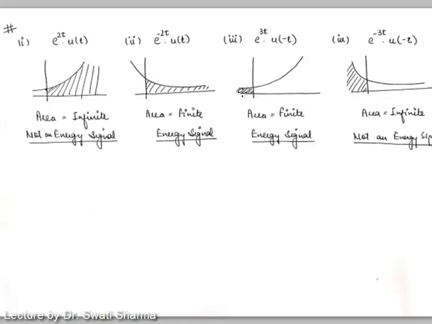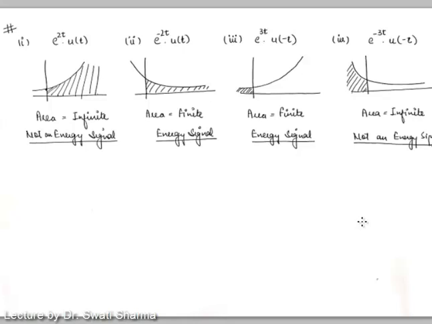Here also the area is finite, so this can be labeled as an energy signal. And here also the area is infinite because this will be going up and up till infinity, so this is not an energy signal. So this is one way of determining for an exponential signal whether it is going to be an energy signal or not.